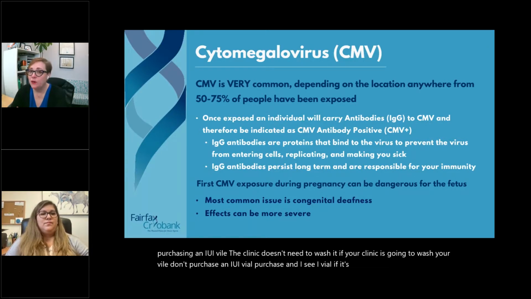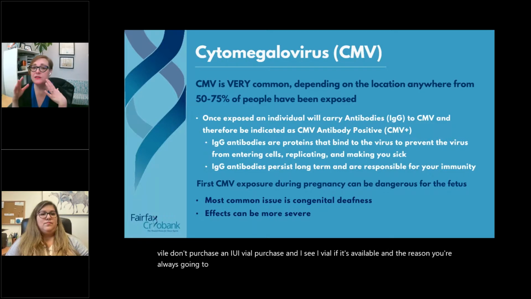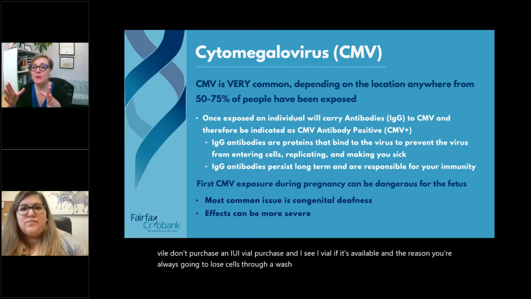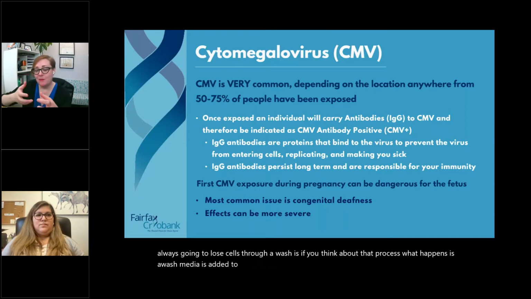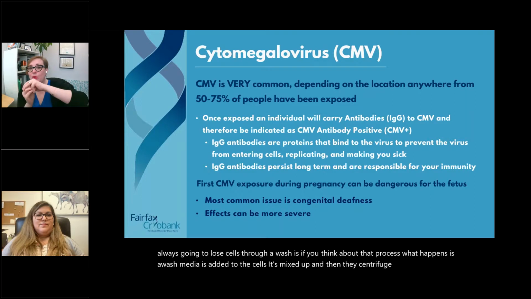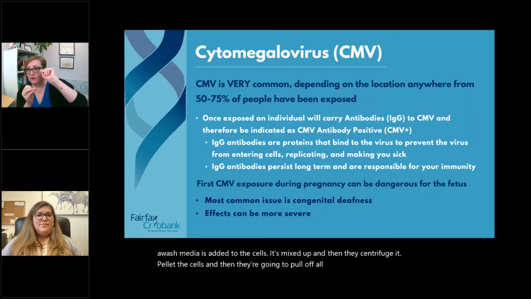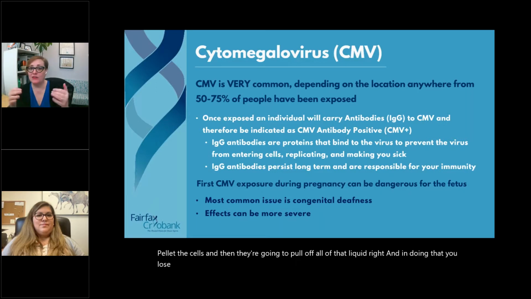And the reason you're always going to lose cells through a wash is, if you think about that process, a wash media is added to the cells, it's mixed up, and then they centrifuge it to pellet the cells, and then they're going to pull off all of that liquid, right? And in doing that, you lose cells. It's just part of the process.